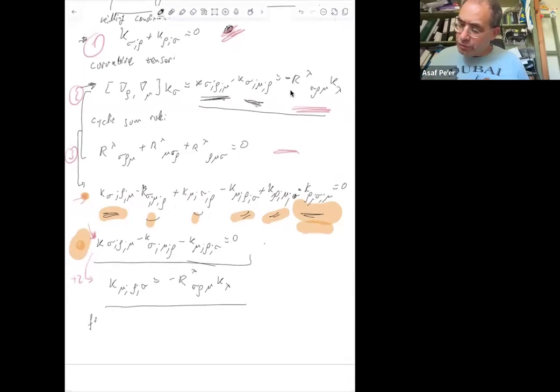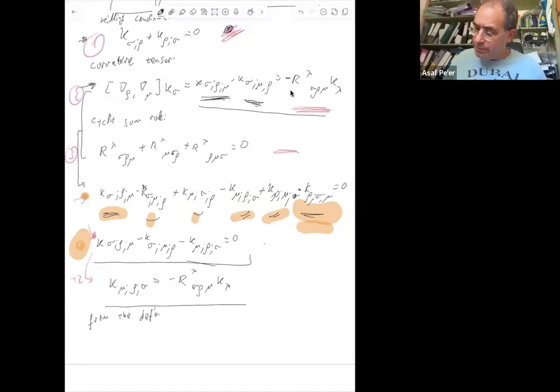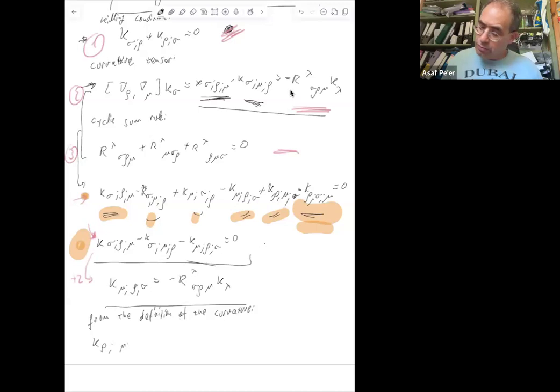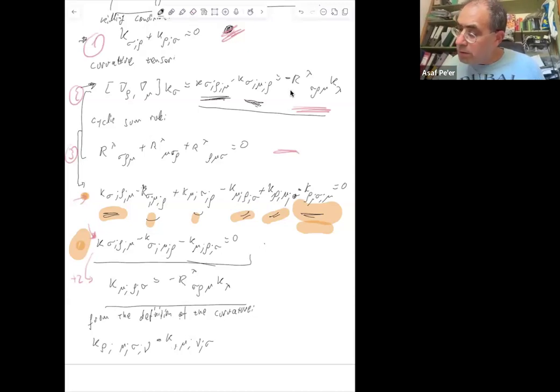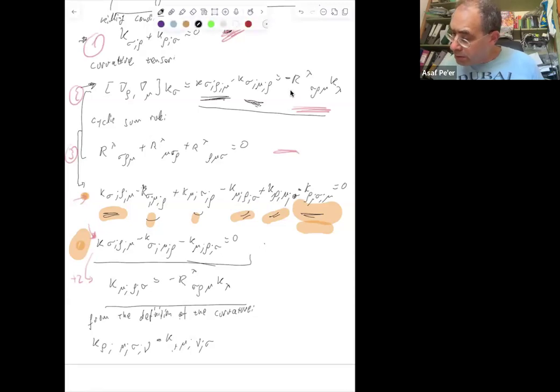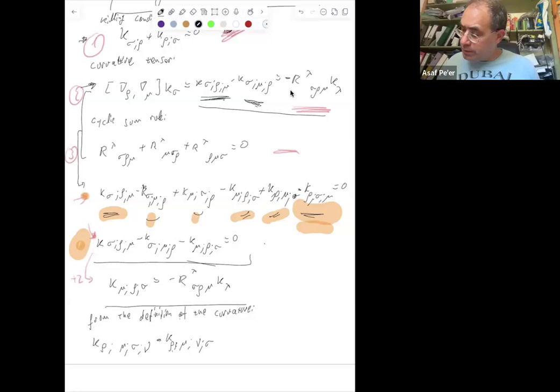Again, from the definition of the curvature, K rho mu sigma nu minus K rho mu nu sigma is minus R lambda rho sigma nu K lambda mu minus R lambda mu sigma nu K rho lambda.